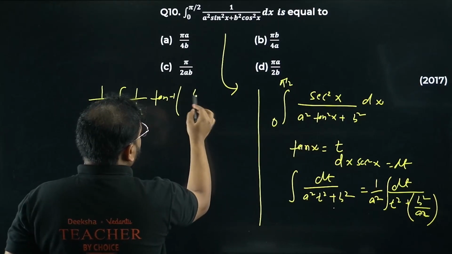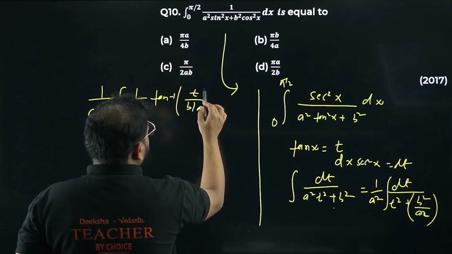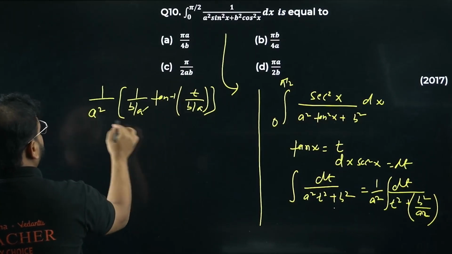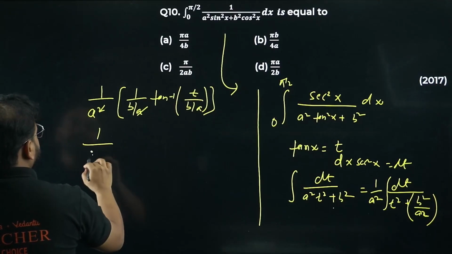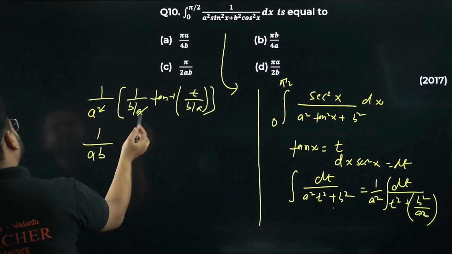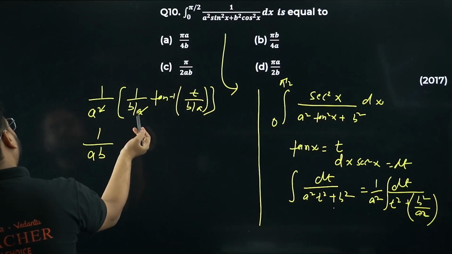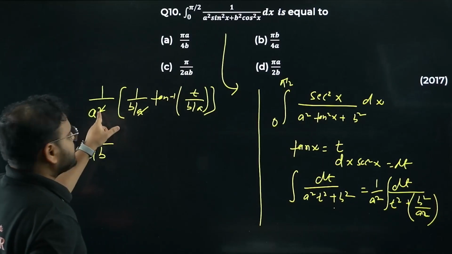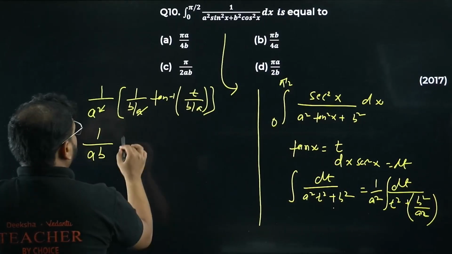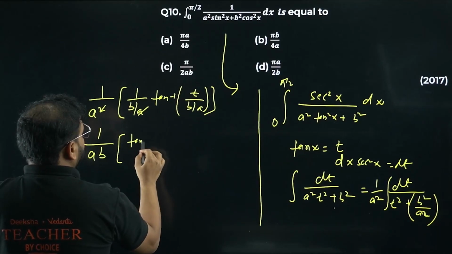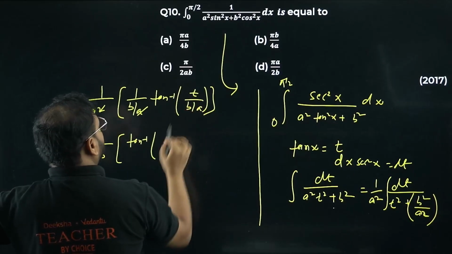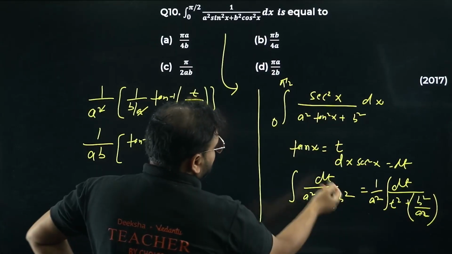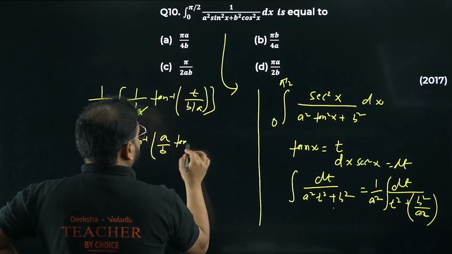So we get a and a cancel. I'm having here 1 by ab. This a and a square will cancel, right? This is a in the denominator, basically division, this is multiplication, so it gets cancelled. I have over here tan inverse of, I switch back, a will go up, so I have a by b. T value is tan x, so a by b tan x.